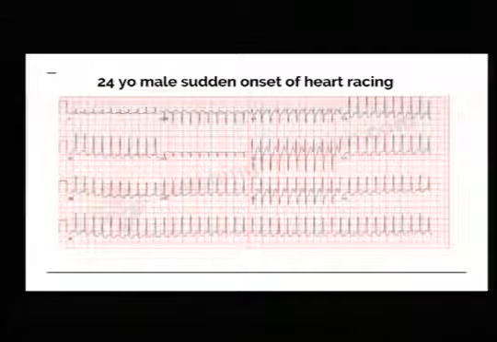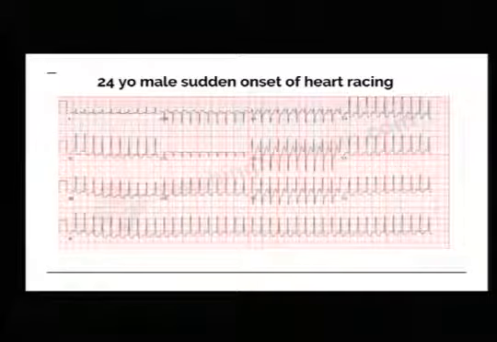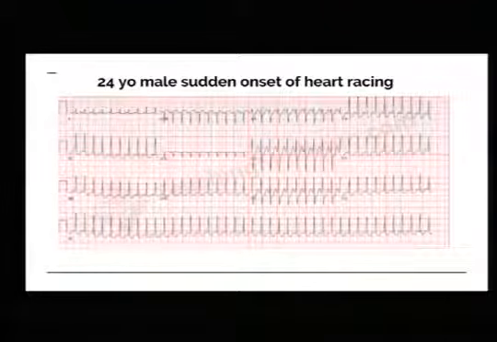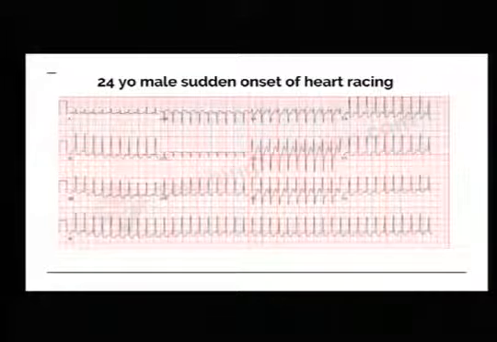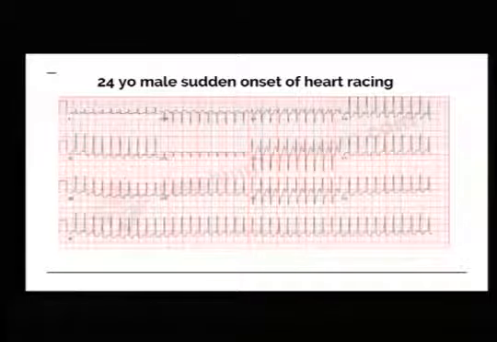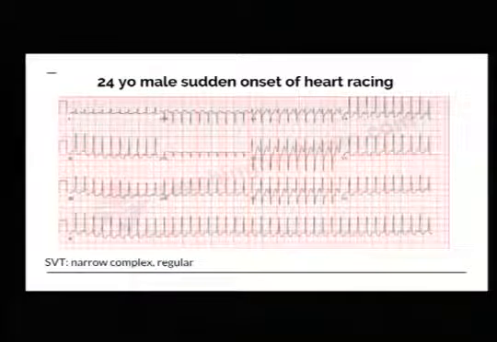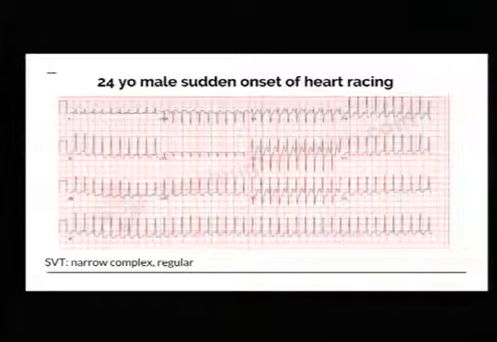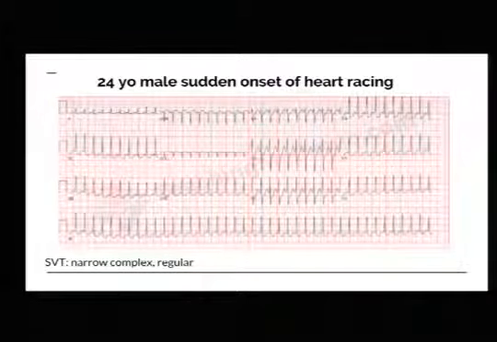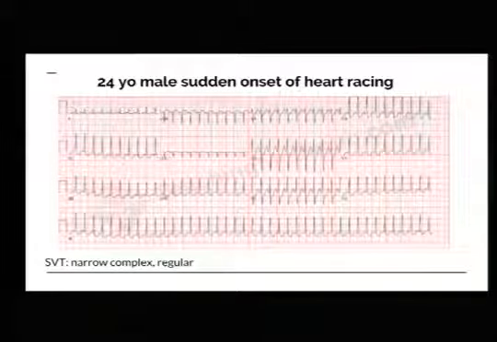Are we regular or irregular? Okay. So what gives you a regular rhythm, narrow complex at 300? SVT. What drug are you going to give? Okay. What's your dose? Very good. 6 and 12.